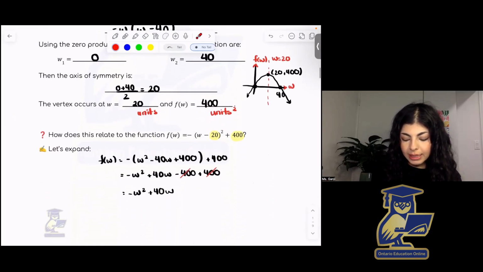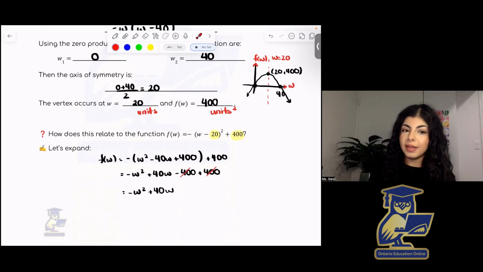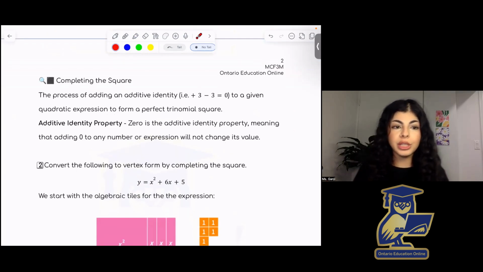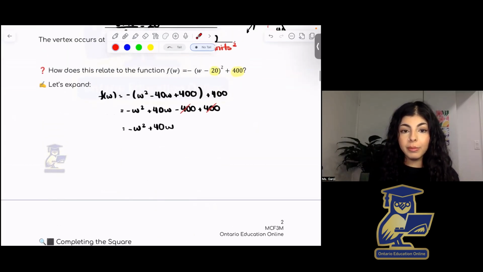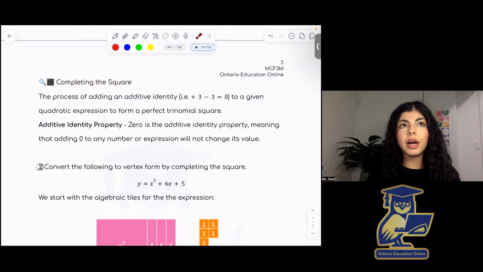And here we see A, H, and K appearing, and I'll let you wonder about what the connections here could be. We'll see that a little more in our future lessons, but today I'm going to show you how we even get to such an equation from the function we started with. We're essentially doing the process of completing the square, which is the focus of our lesson today.